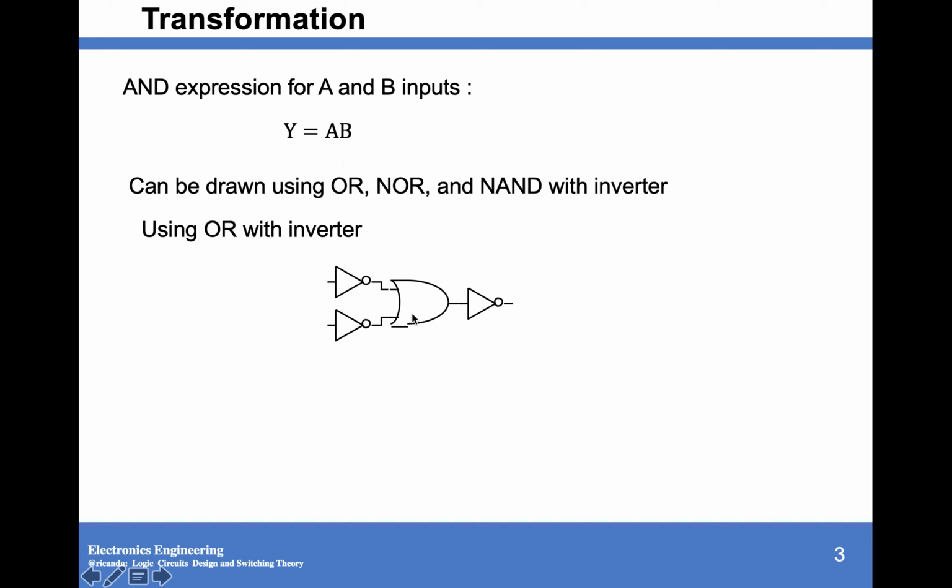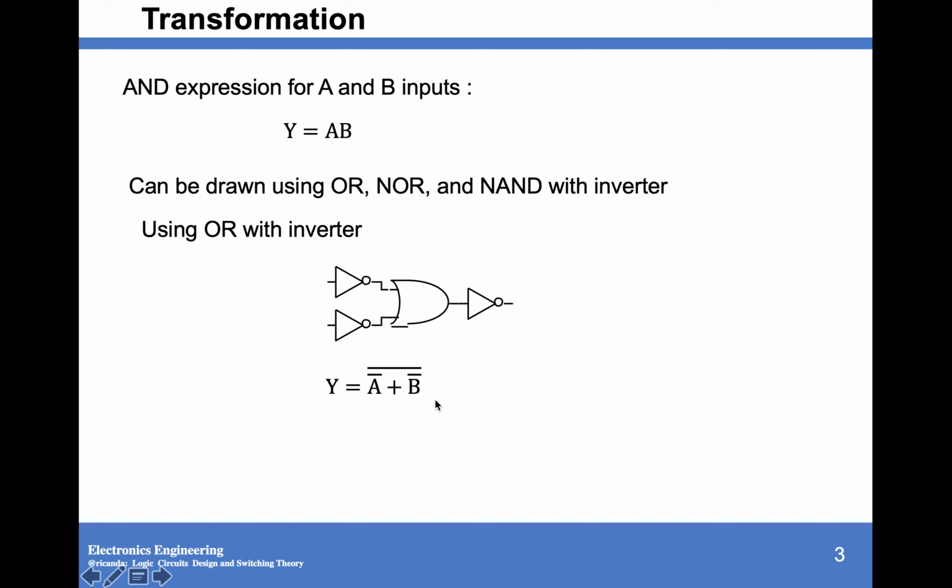To prove that this type of circuit has the same function as the expression of AND, we have to get the equation from this circuit. That is equivalent to A bar plus B bar, with a long bar because we have an inverter at the output of your OR.